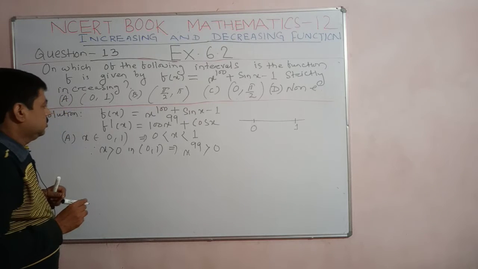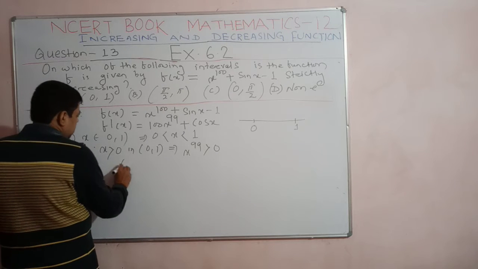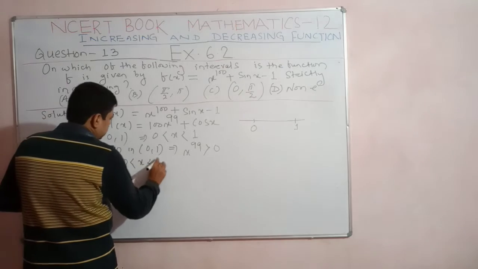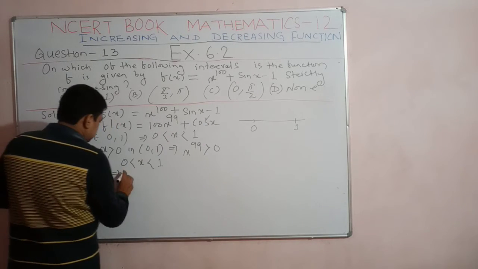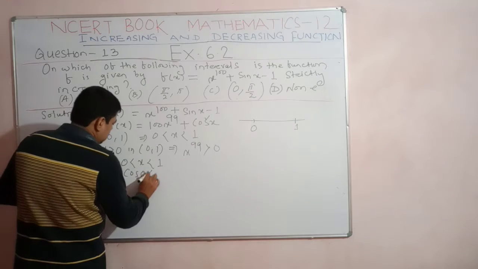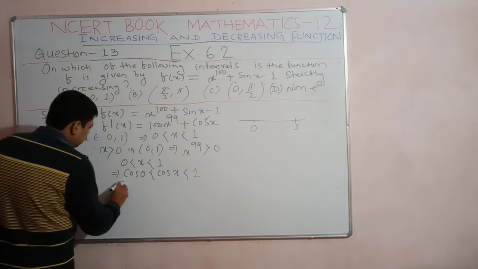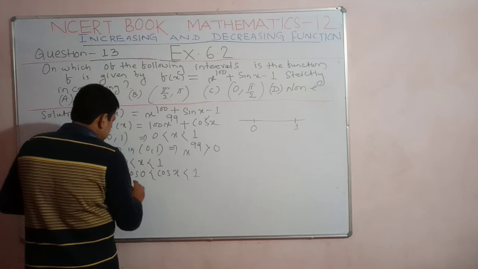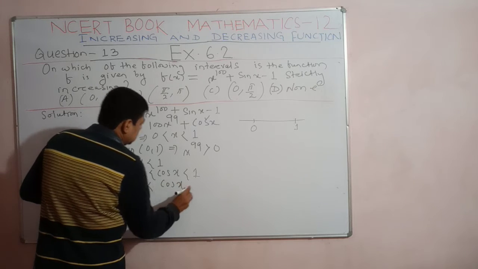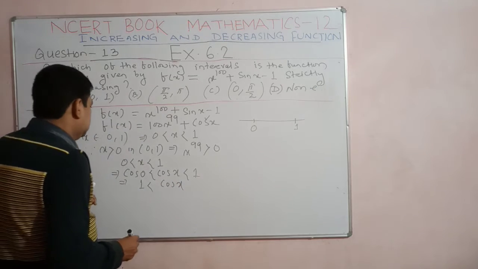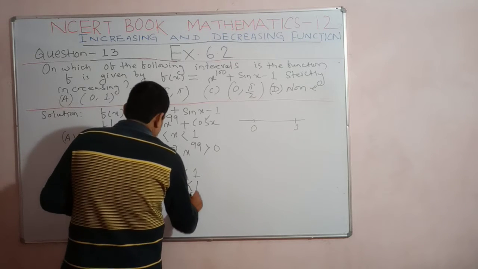Again 0 < x < 1. Then the second function is cos x. Let's see: cos 1 < cos x < cos 0, where cos 0 is 1.